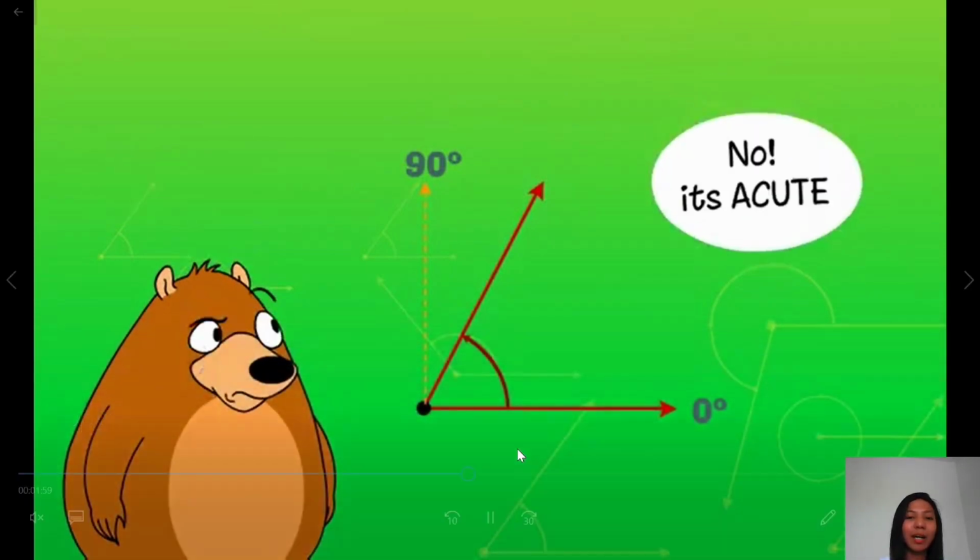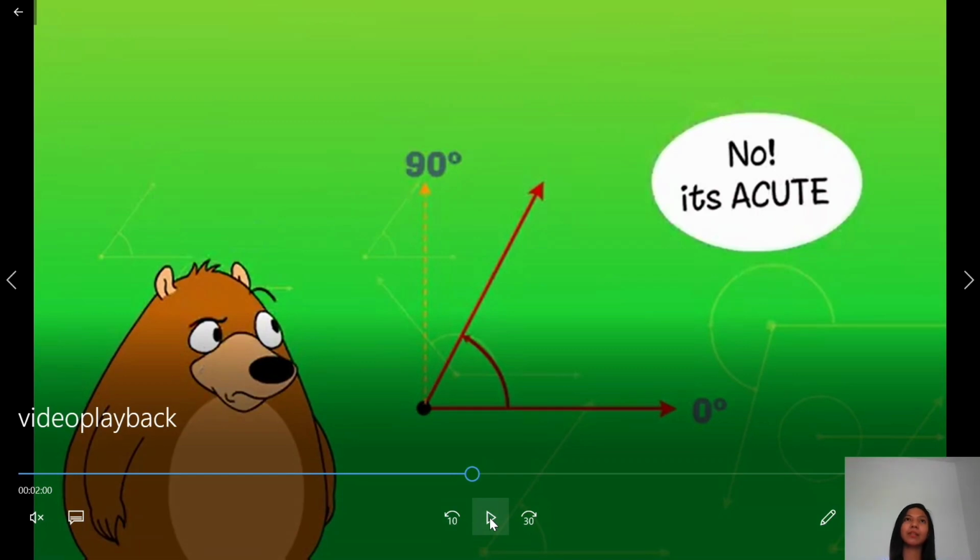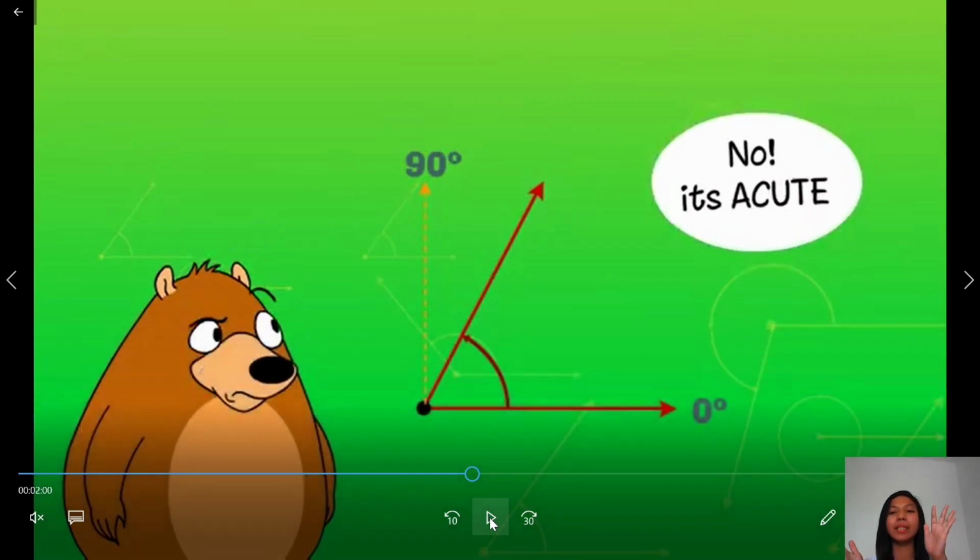But if it's 90, it's no longer an acute angle. An acute angle is less than 90 degrees. So 45 degrees, 77 degrees, 21 degrees. As long as it is less than 90 degrees, it is an acute angle. Understand?